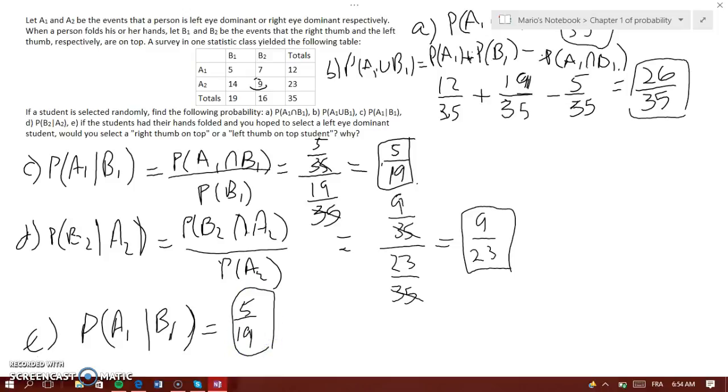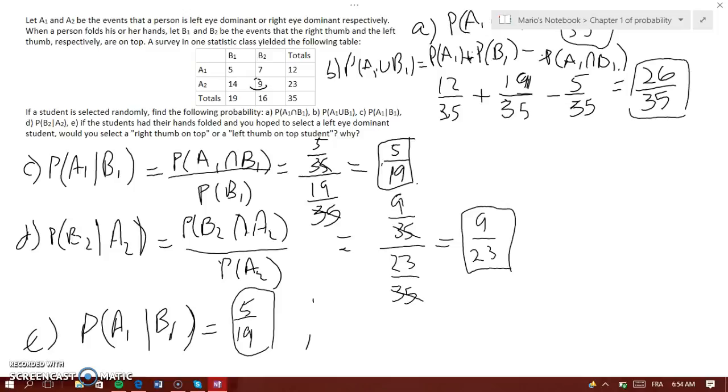Now we need to find which one we would select. Would you select left thumb on top and left eye dominant, or right thumb on top and left eye dominant?